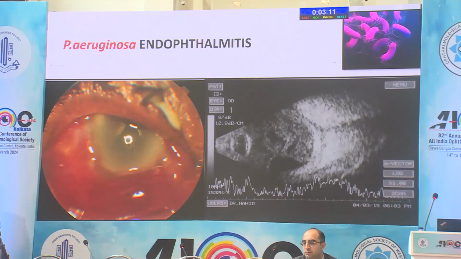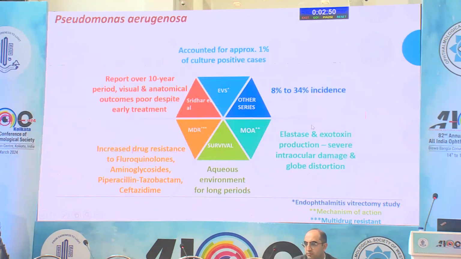So Pseudomonas aeruginosa endophthalmitis is usually caused by an extremely virulent organism and causes a dense presentation of endophthalmitis. As you can see, they lead to conjunctival congestion, chemosis, corneal edema, corneal infiltrate, and on the B scan you can see a dense vitritis with retinochoroidal thickening.